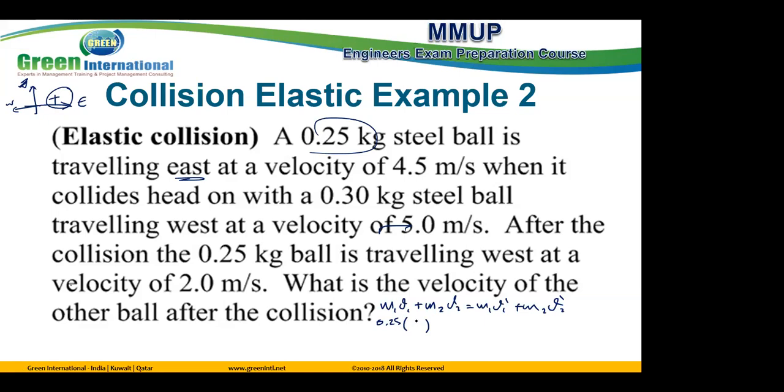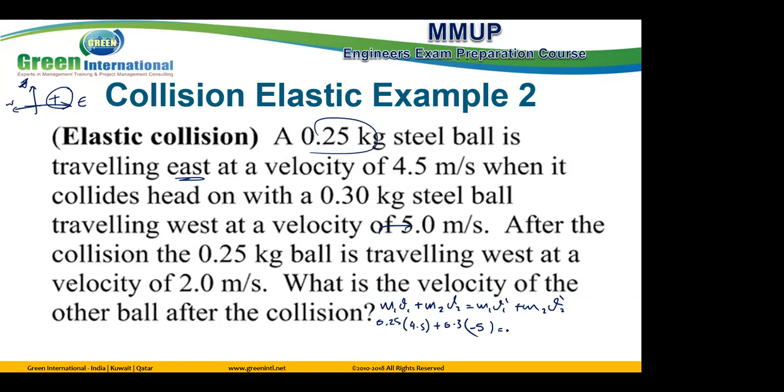East, so it's positive. M2 is 0.3. V2 is -5, negative because it's west.